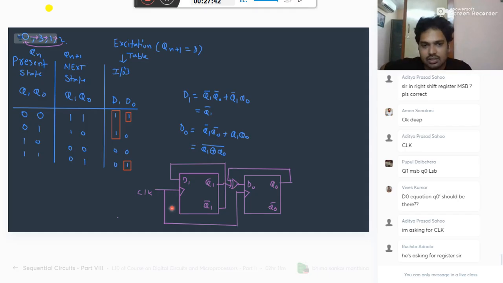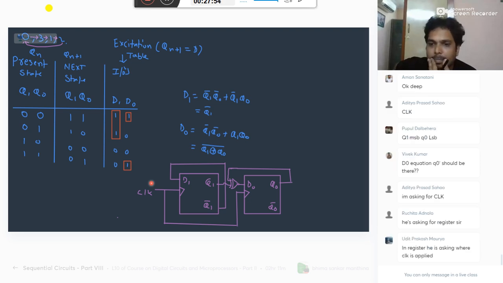See here, synchronous clock, whether you give it like this or like this doesn't matter. Synchronous, both you are giving at a time. What is your doubt in that? Wherever you apply, it is the same. It is synchronous; all of them together you apply.